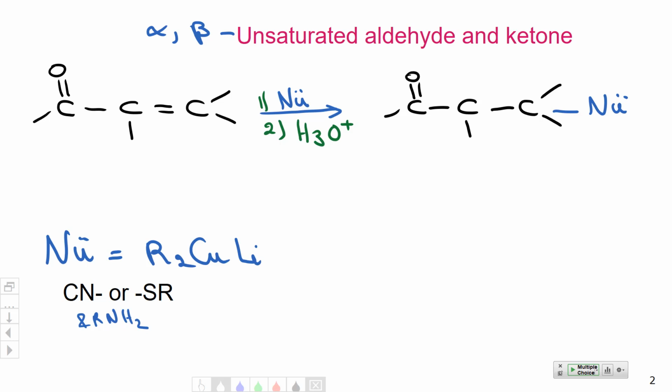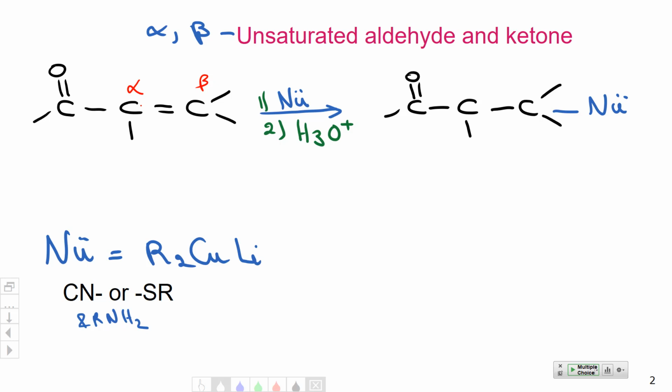So the reaction that we're going to discuss today is special, and it is not for every ketone or aldehyde. It has to be an alpha-beta unsaturated ketone or aldehyde. What does that mean? It's a fancy name to say that there is a double bond between the alpha carbon, which is the neighboring carbon of the carbonyl, and its neighboring carbon.